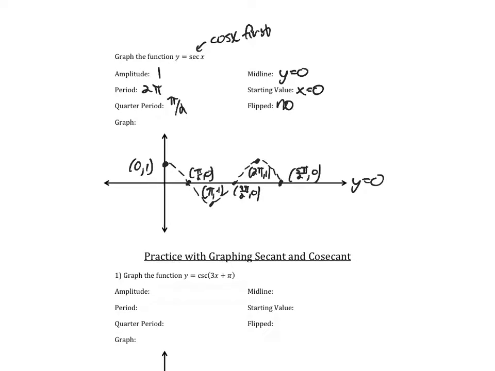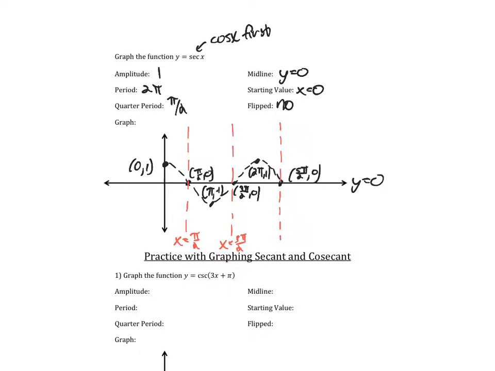I'm going to graph secant in red. For the same reasons cosecant did, I'm going to have asymptotes anytime my graph crosses the midline, which is going to be here at pi over 2. It's going to be here at 3 pi over 2. And the reason I graphed that last point is I want to have 3 asymptotes.